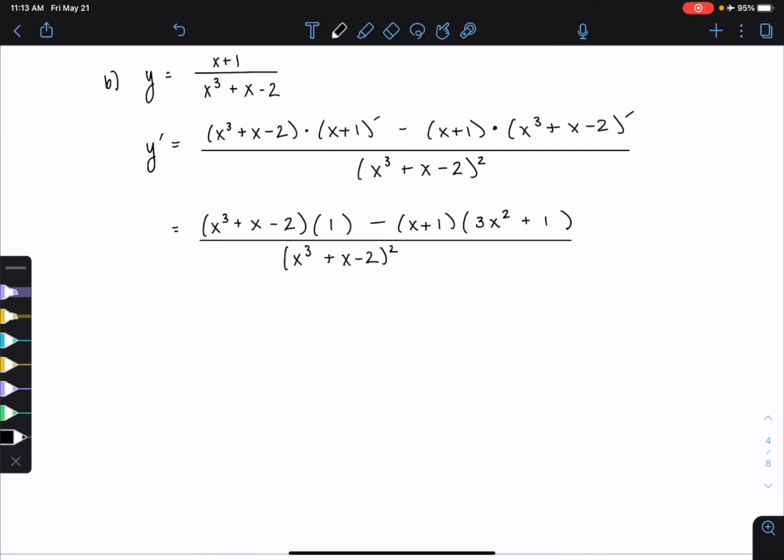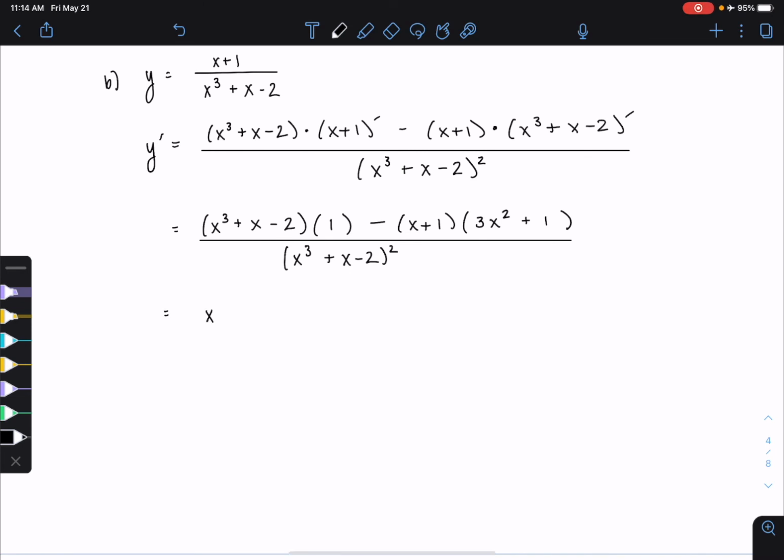Now, realistically, you could leave the answer like this, but because we're about to talk about higher order derivatives, it's going to be really useful to clean this up a bit.